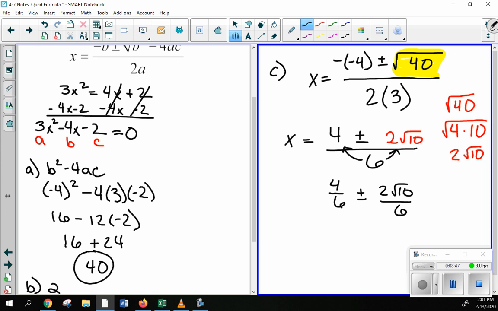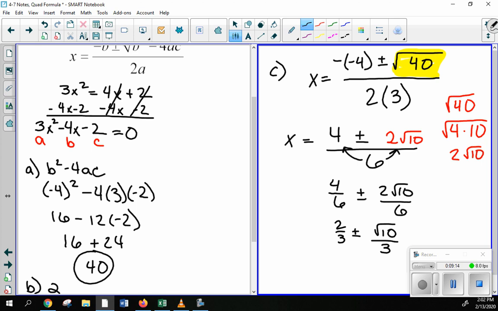So this reduces to 2/3 plus or minus, and this reduces to 1/3. Make sure you do not reduce the number inside the root. You can only reduce the 2 over 6. So that's 1/3, and I'm just left with the square root of 10. You can put the 1 there if you want. I'm going to leave mine out.